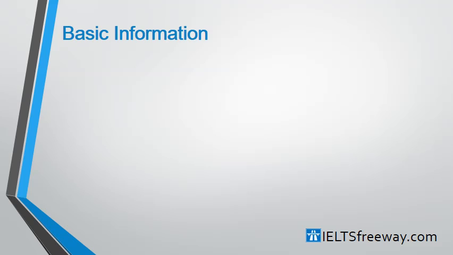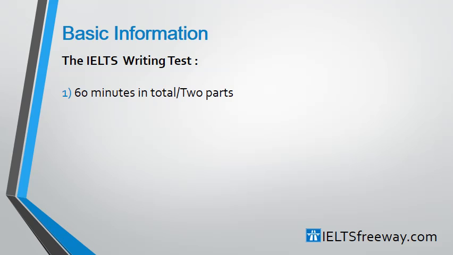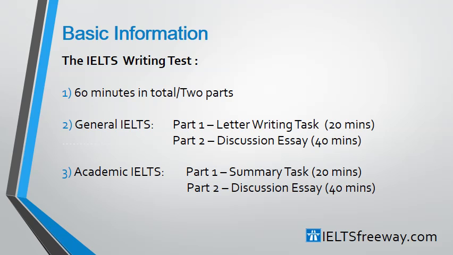The IELTS writing test is 60 minutes long in total, and it consists of 2 parts. Part 1 is different depending on if you're taking the general paper or the academic paper. If you're taking general IELTS, part 1 is a letter writing task. If you're taking the academic IELTS, part 1 is a summary task where you summarize graphs, charts or pictures.